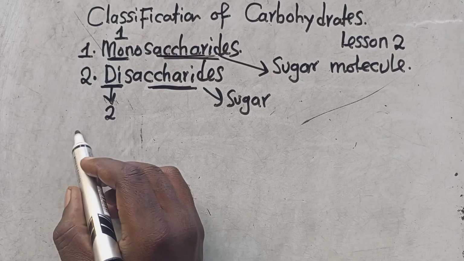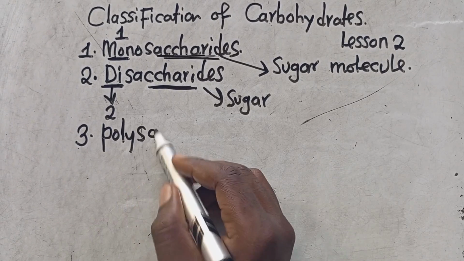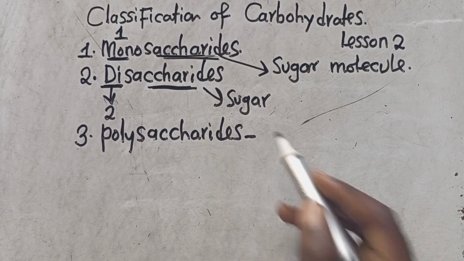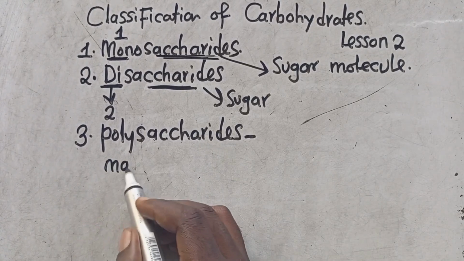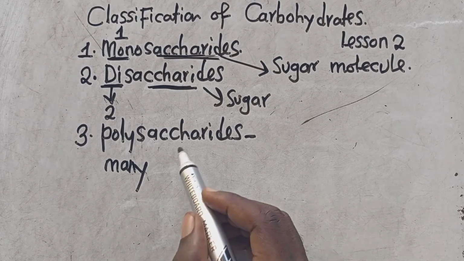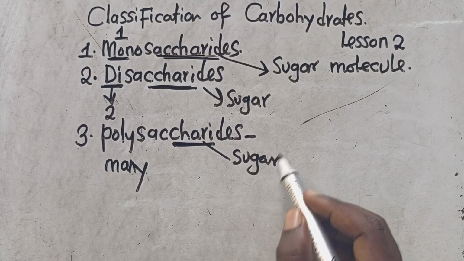The third thing that I want you to understand in this lesson is the polysaccharides. Poly means many. Saccharide means a sugar.